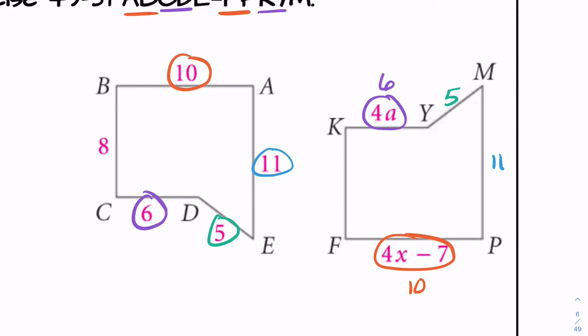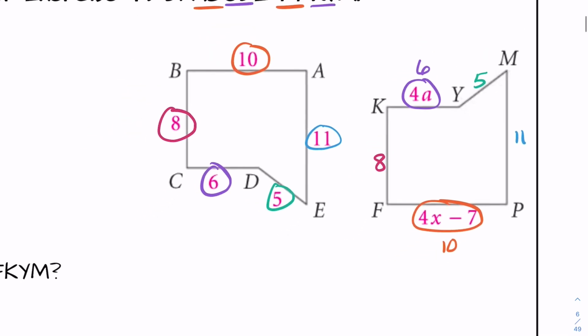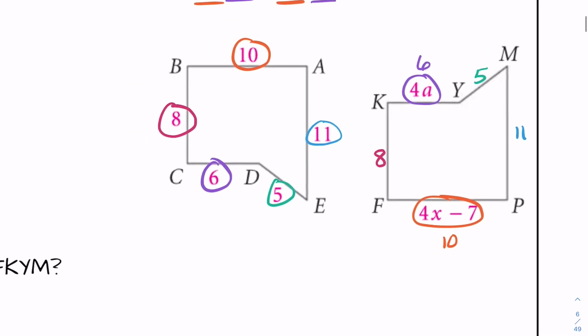And then 8 and 8 right here. So really, I could have just found the perimeter of this one, and it's the same perimeter as that one.